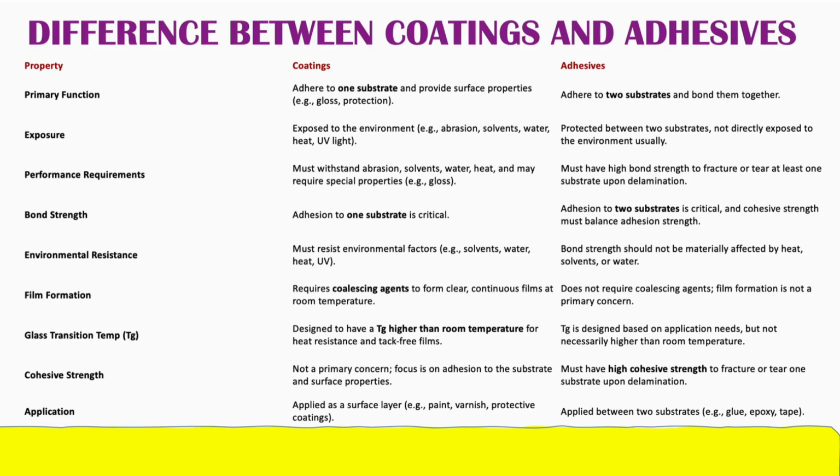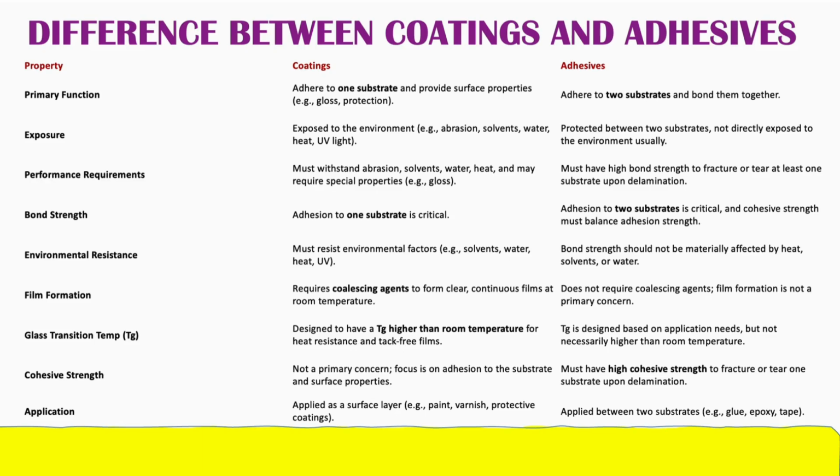It should be able to withstand abrasion, solvents, water, temperature variation, marring, etc. Also it should have a high gloss, and that gloss should not become pale or dimmer with time. That is the second function of a coating.